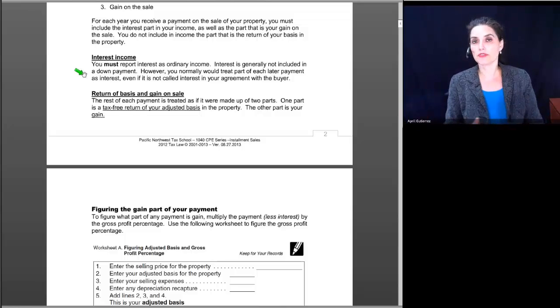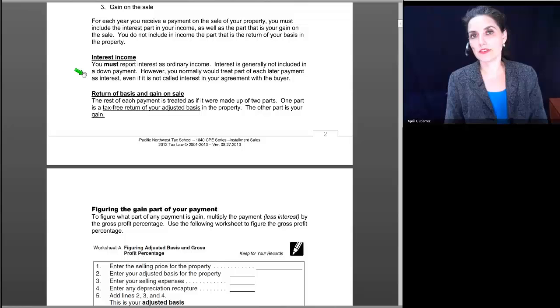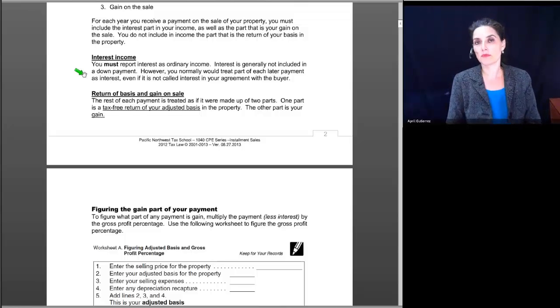And then it can produce for you a schedule that shows the portion of each payment that is interest and the portion of each payment that is principal, and then you will use that information to complete the installment sale form when the time comes. I have had, I think, 1 or 2 clients over the years involved in installment sales that bring me their amortization schedule already completed, but most of the time it's something that I do for them. In the first year, I figure their installment sale. I get that amortization schedule, I print it or I save it as a file in my computer, and I use it from that point forward.